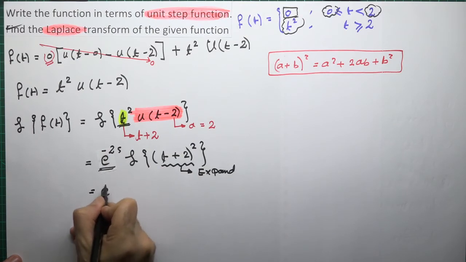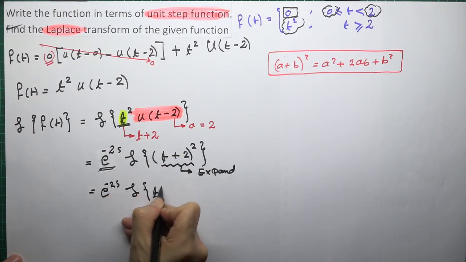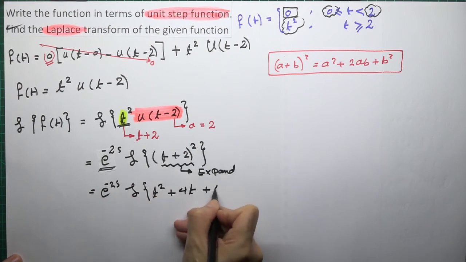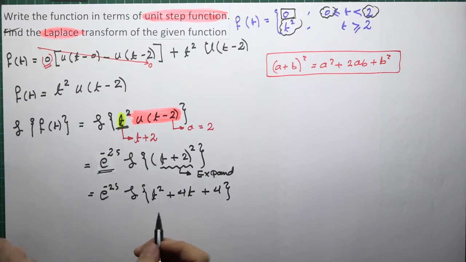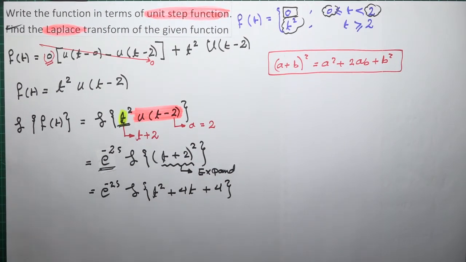It will be e to the minus 2s, then Laplace of t squared plus 4t plus 4. Then we will distribute, I mean Laplace transform function for 1, 2, 3 parts.